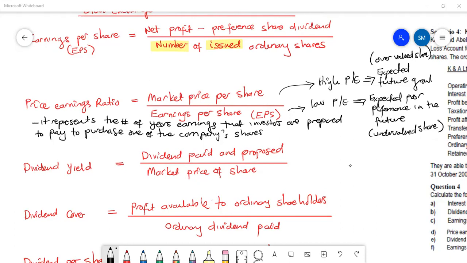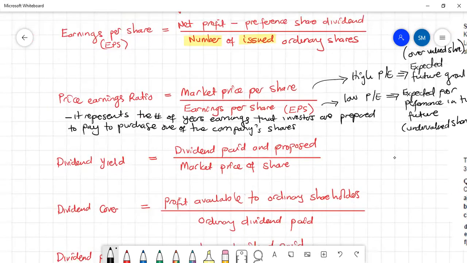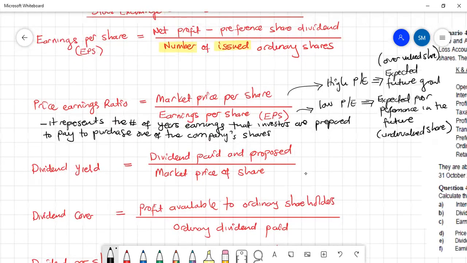There is another version of the formula for dividend yield, which might come in handy.